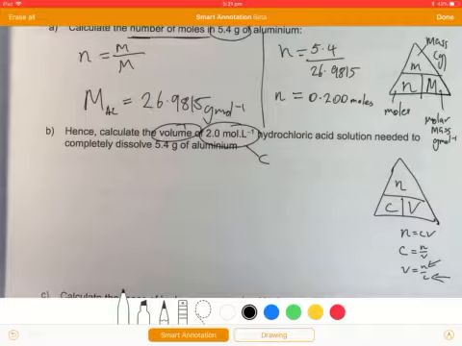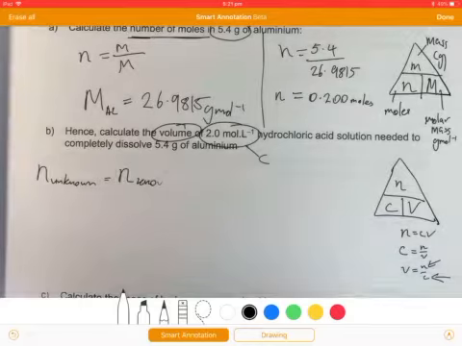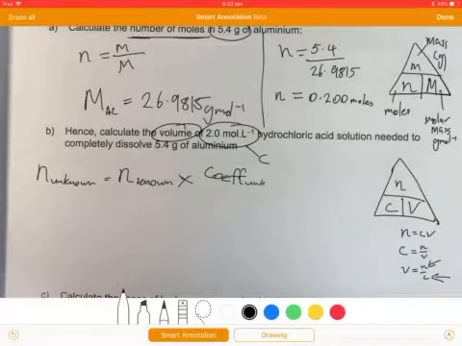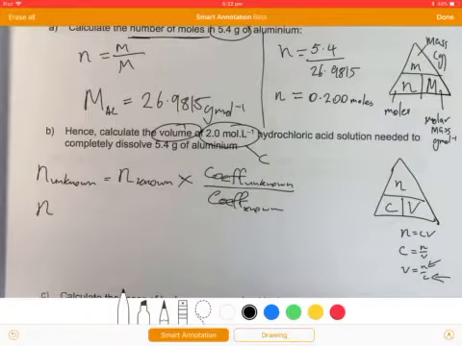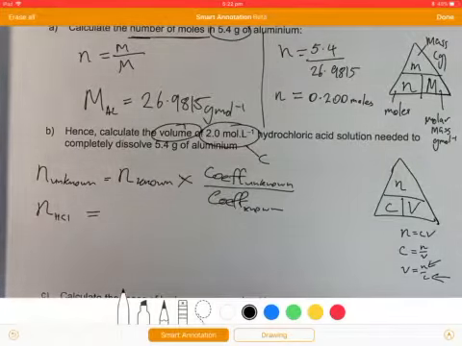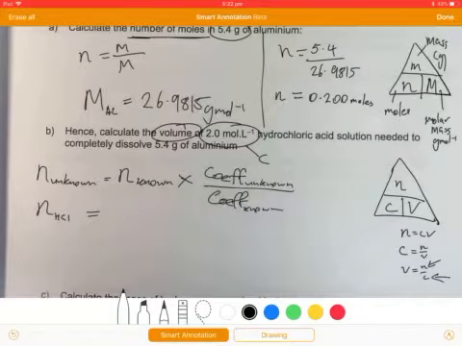If we remember back to our equation from earlier, the moles of the unknown is equal to the moles of the known multiplied by the coefficient of the unknown divided by the coefficient of the known. So the moles of our unknown, which is going to be our hydrochloric acid, is equal to the moles of the known, which is our aluminium.